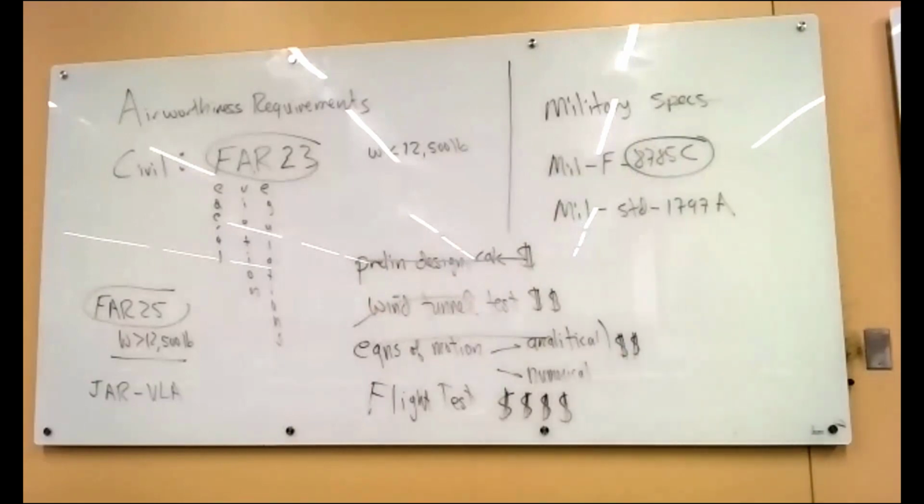How are we doing on time? Time to quit. We'll start with static stability criteria, which we've already been talking about, but we'll formalize next time. You have to remember this because it's important.